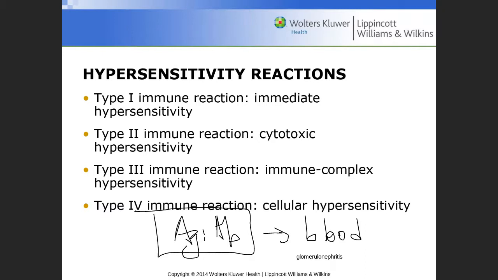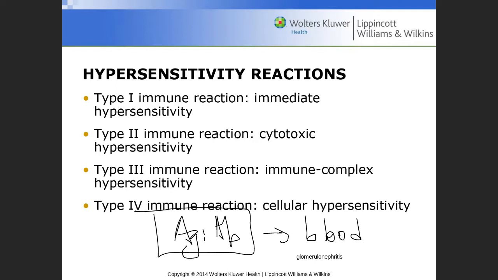But the antigen antibody complex can also get lodged in the respiratory membranes in the lung, for example, can lead to Farmer's disease, if you will, interfering with gas exchange. So whenever you have an antigen antibody complex, think of it as type 3 hypersensitivity. And this is very common in the case of lupus patients.